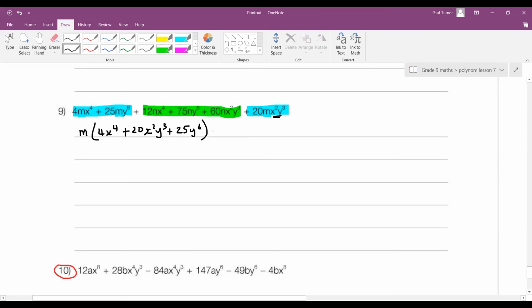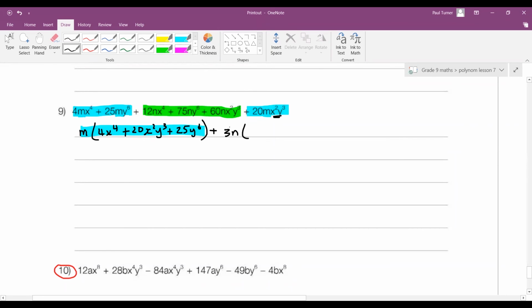Like that. And then this one actually has a common factor. Let's see what it is. 3. Now there's going to be a common factor here, which would be 3n from the green one. So let's highlight the blue. That's the blue one done already. And we'll do green now.